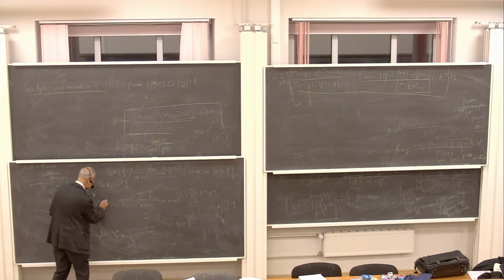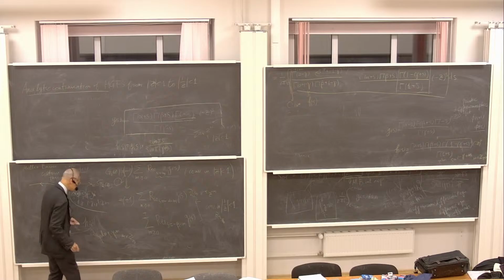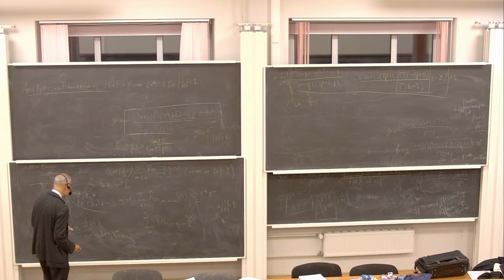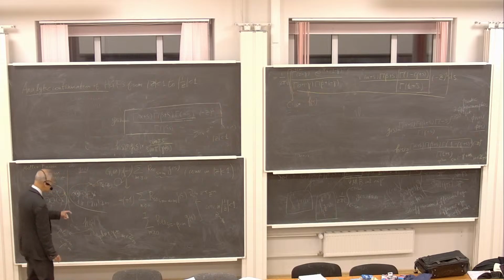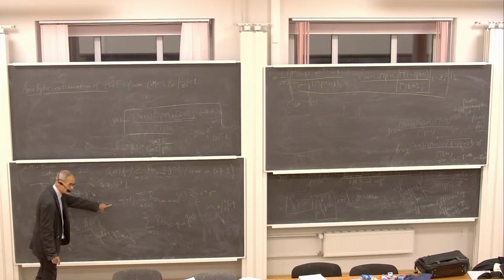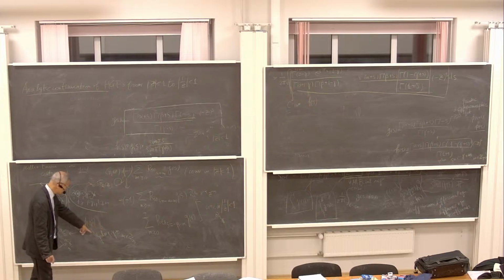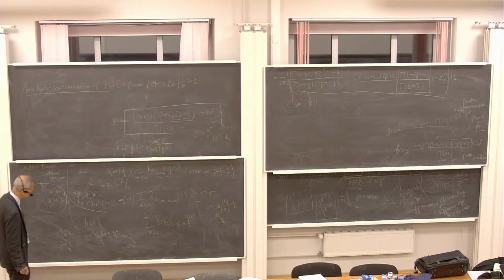No, it continues, gamma plus m. So m equals 0, m equals 1, m equals 2, and so on. These are poles of this HS function. You see?